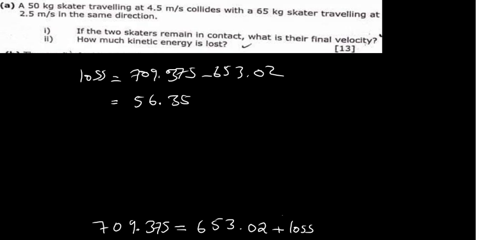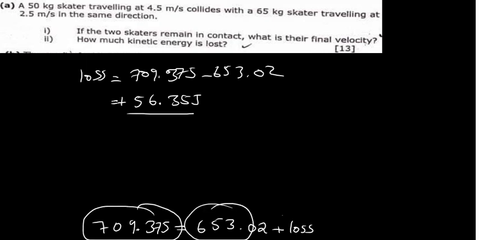This is energy in joules, and the reason this value is positive is because they were moving in the same direction. So instead of there being a loss in kinetic energy, there will be a gain in kinetic energy. The initial should have been smaller than the final, but the initial is bigger than the final, meaning there is a gain in kinetic energy instead of loss in kinetic energy.